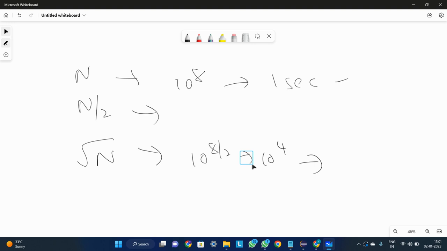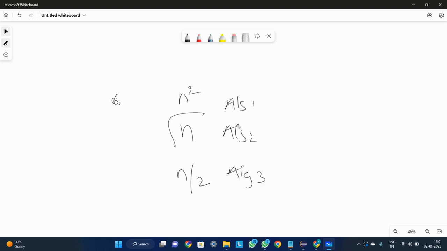So these observations really help a lot. If there are algorithms and we need to check which is more optimized, for example one code gives n square, another code gives root n, and another gives n by 2, this is algorithm 1, this algorithm 2, this algorithm 3, then obviously which algorithm should we take for optimization?